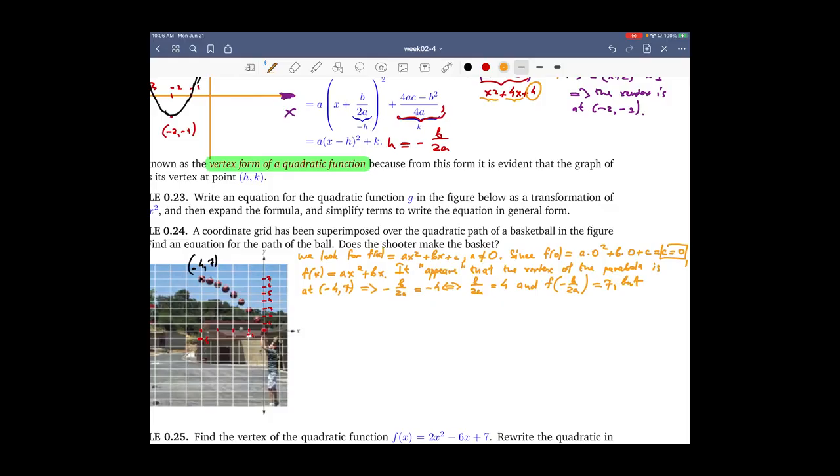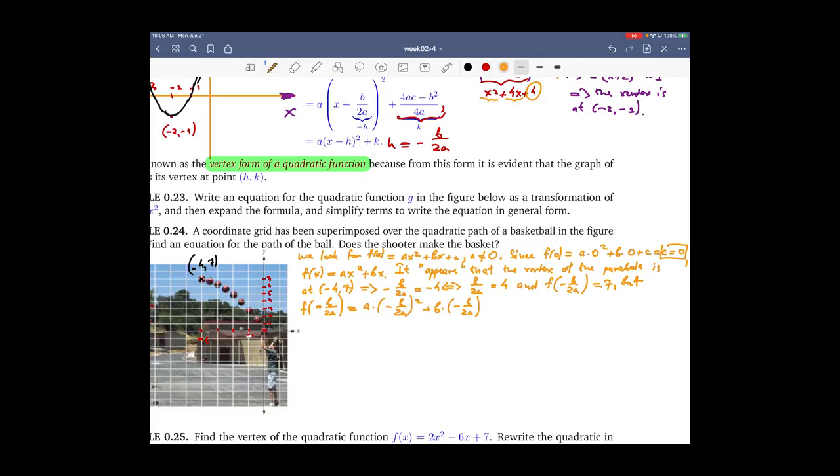Yet at the same time, the value of f at the point −b/2a equals a times (−b/2a)² plus b times (−b/2a). Right? I'm using this expression, ax² + bx.